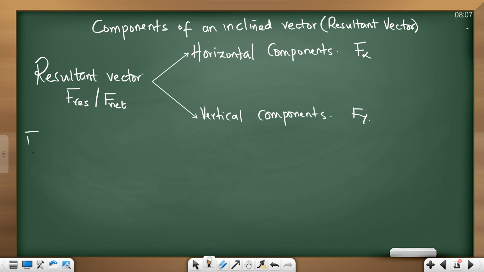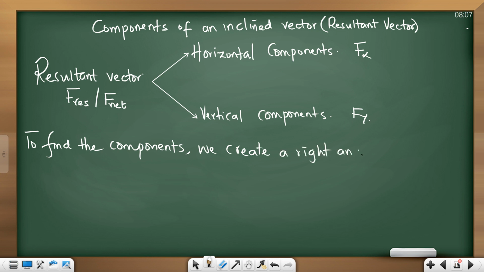Okay. To find the components, we create a right angle triangle and use our trig ratios. I'm going to give you a note quickly.